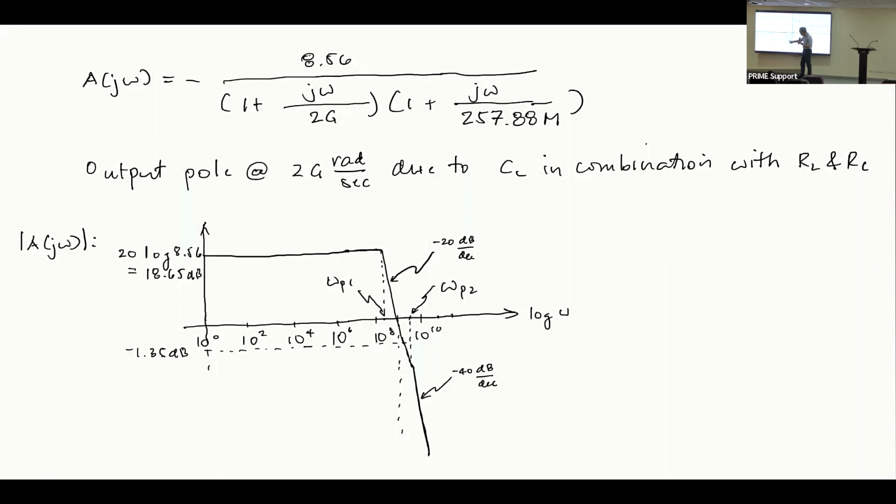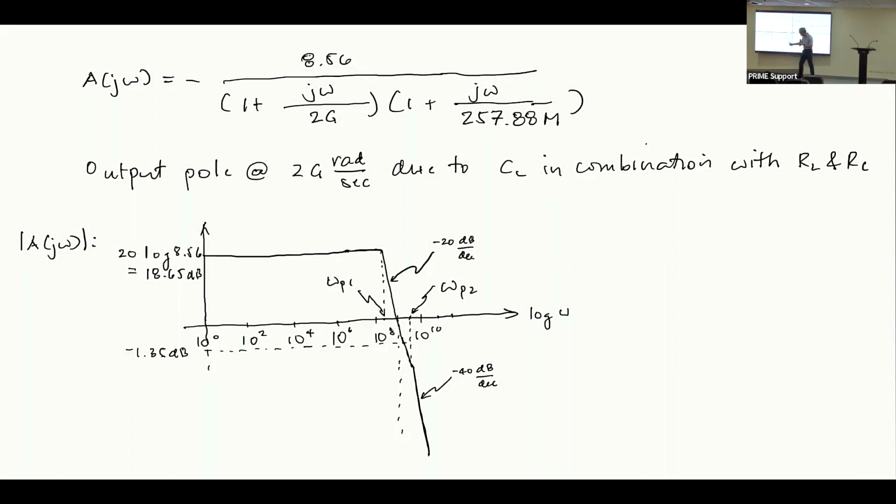And then at the point where you are, ito pala yung 10 to the 9, sorry. Okay, that's right. This is 10 to the 9, so 2 gigaradians per second will be right of 10 to the 9, midpoint between 10 to the 9 and 10 to the 10, no?